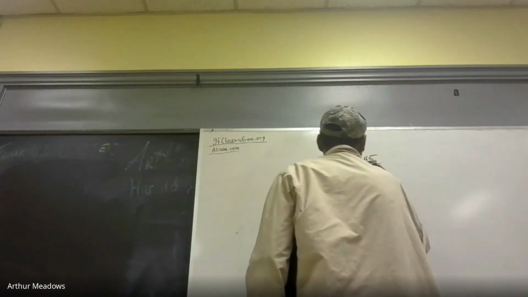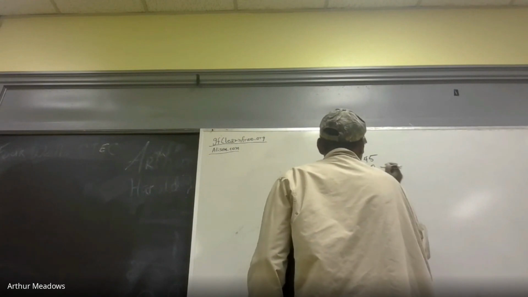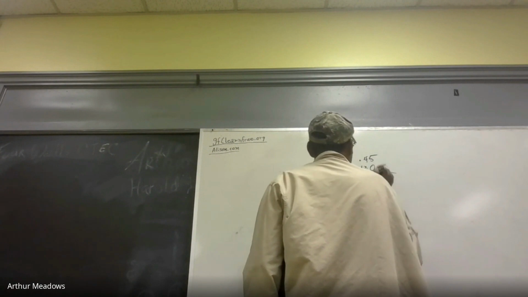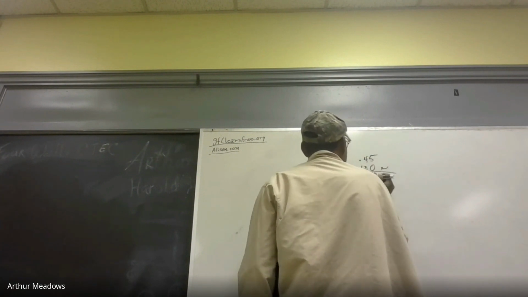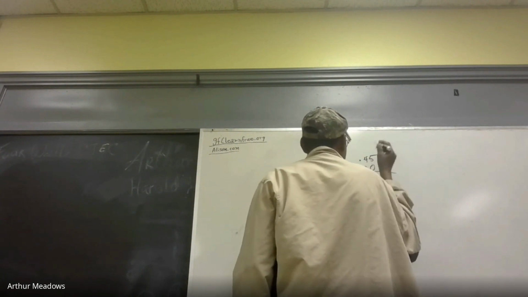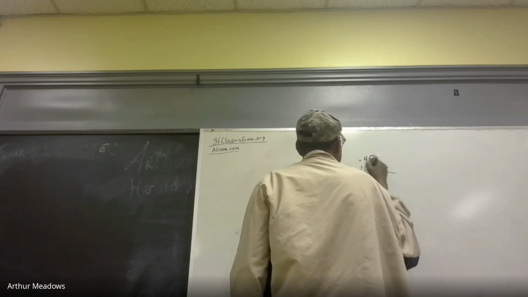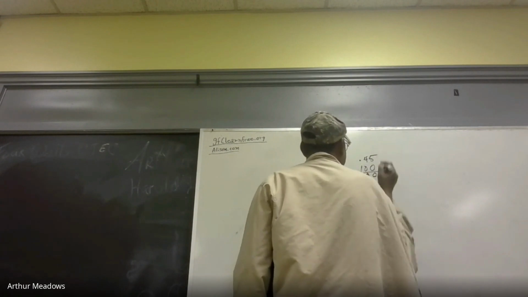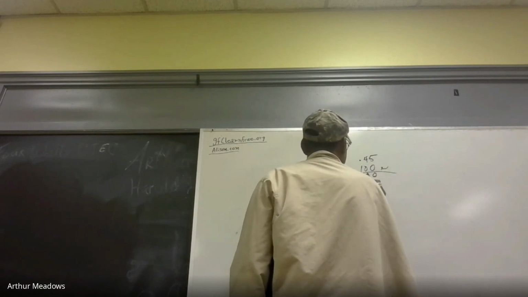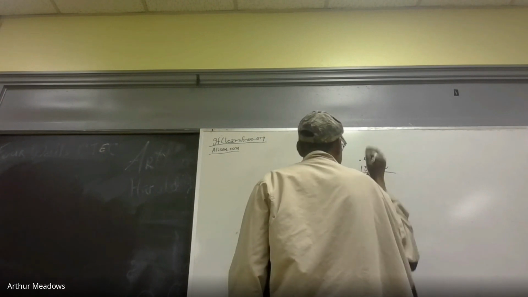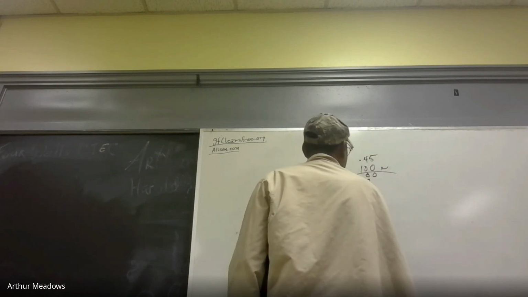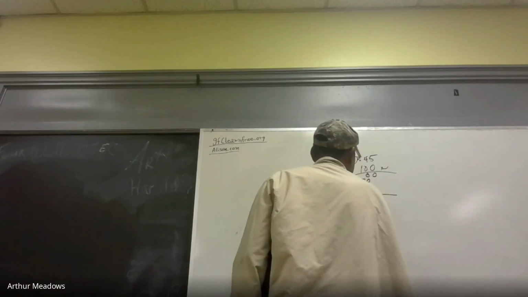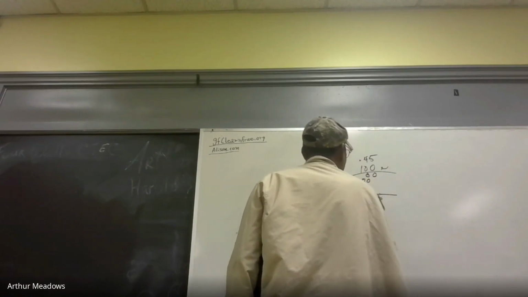So that's 100. 0 times 5, 0 times 4. 1 times 5, 1 times 4. Drawing a line, that's a 0, that's a 0, that's a 5, that's a 4.